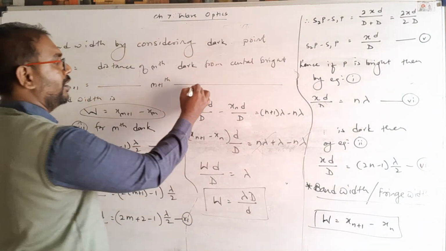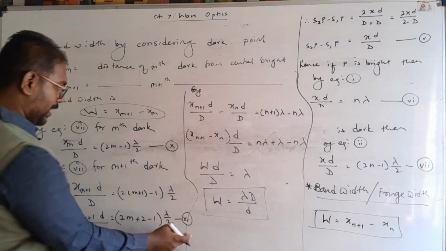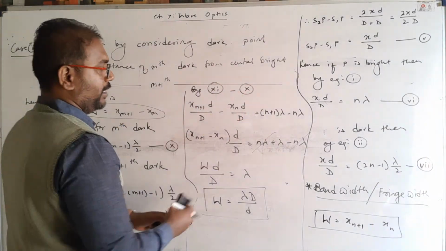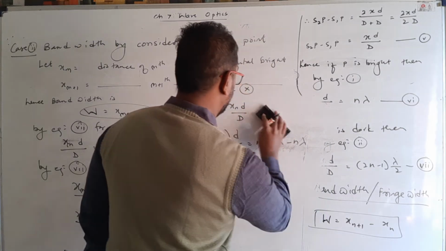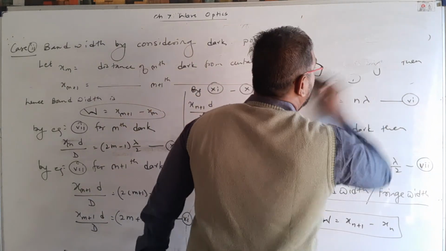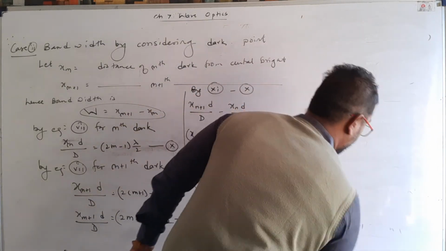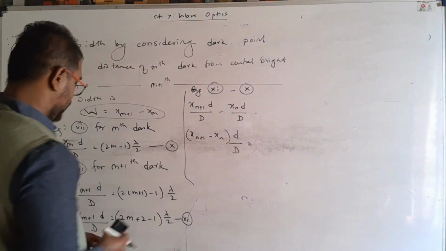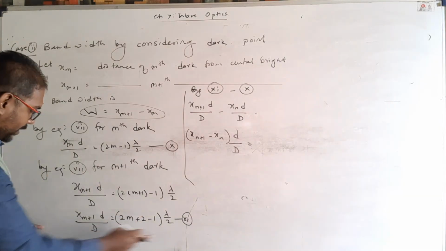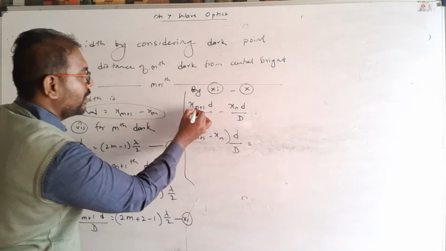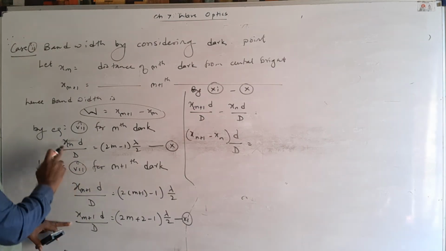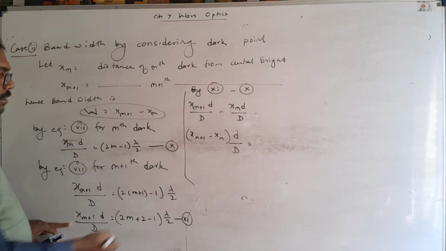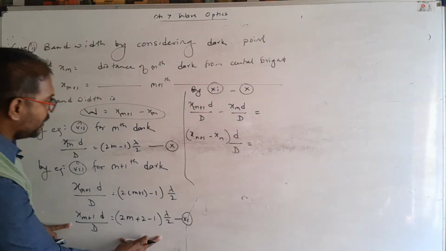Now by 11 minus 10, 11 minus 10. So what do we get? I will erase this part because I need more space here, and there is no use of this equation now. Take equation 11: xm plus 1 d by D minus xm d by D is equal to this side minus this side.